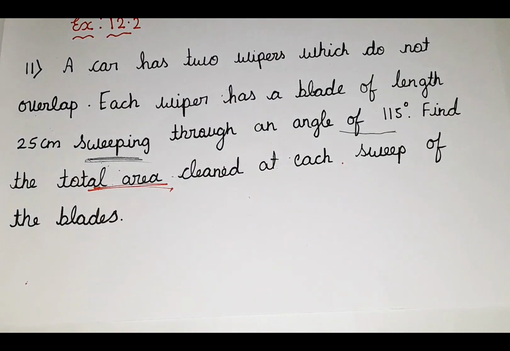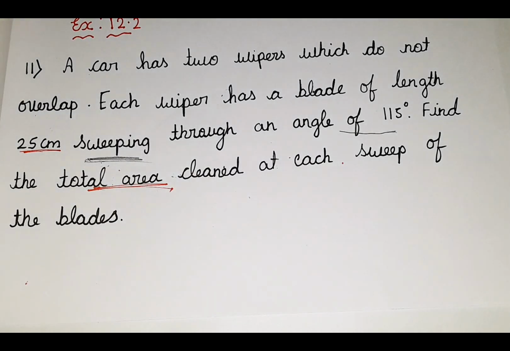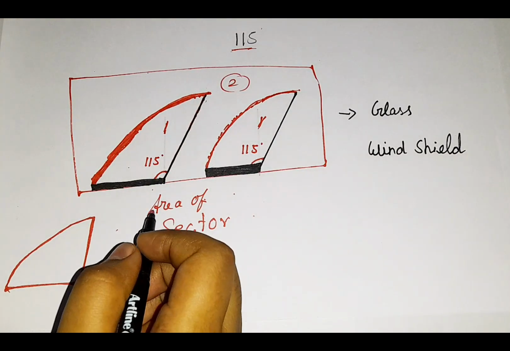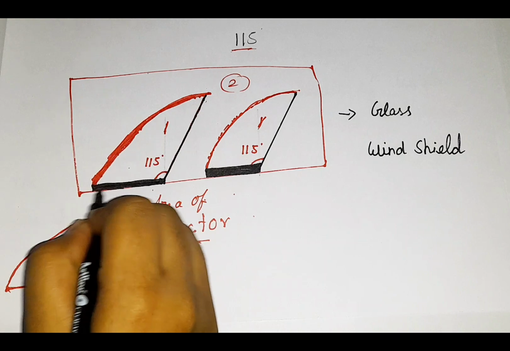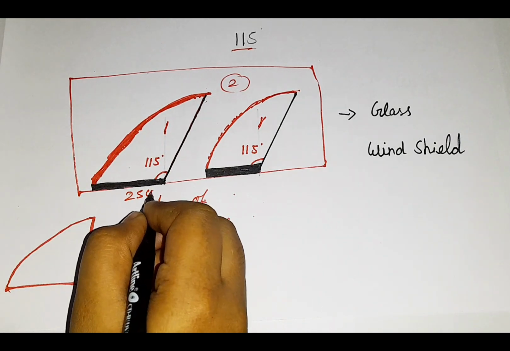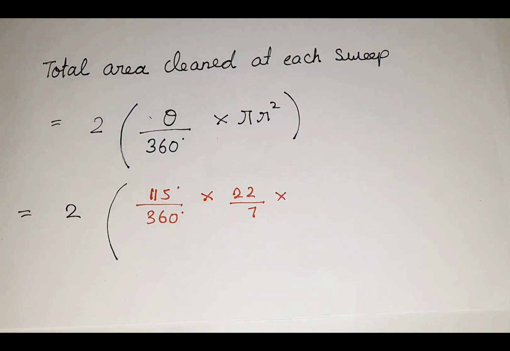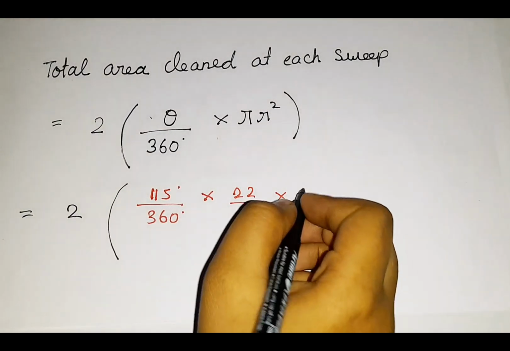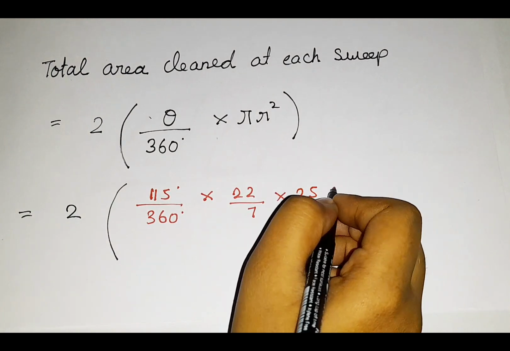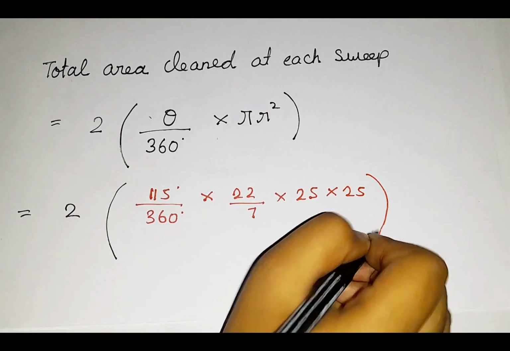They mentioned the length of the blade is 25 centimeter. So the radius is 25 centimeters, and since we have r square, it is 25 into 25, close the bracket.